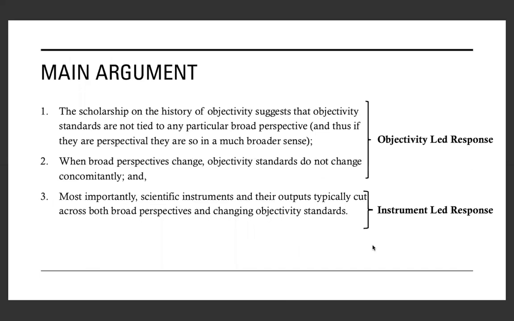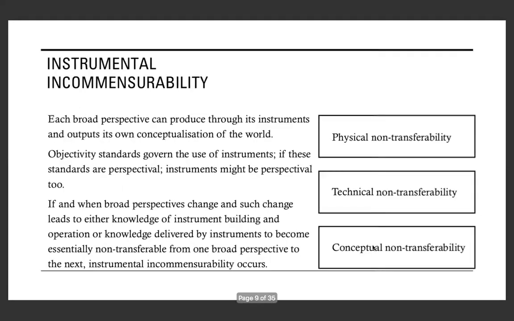Okay, so the main argument that I want to suggest in relation to the dependence between scientific instruments and broad perspectives is to take perspectivism not as a novel challenge to scientific knowledge, but instead to take perspectivism as offering us the means to design a novel response to one old challenge, which is the conceptual relativism that comes from instrumental incommensurability.